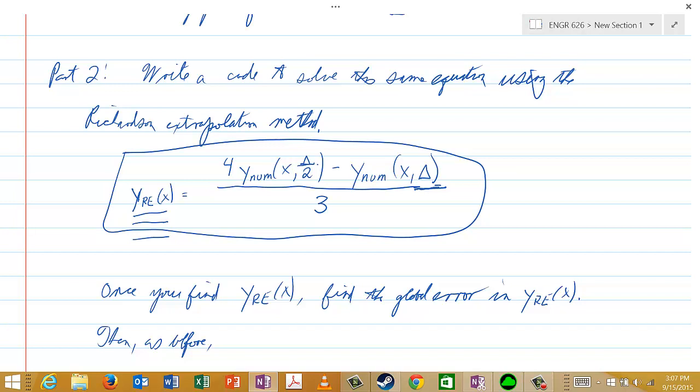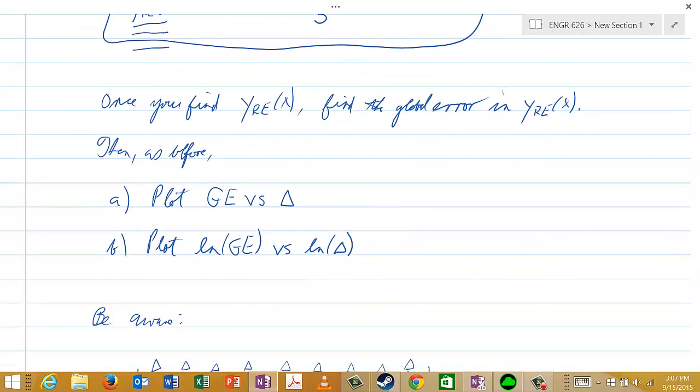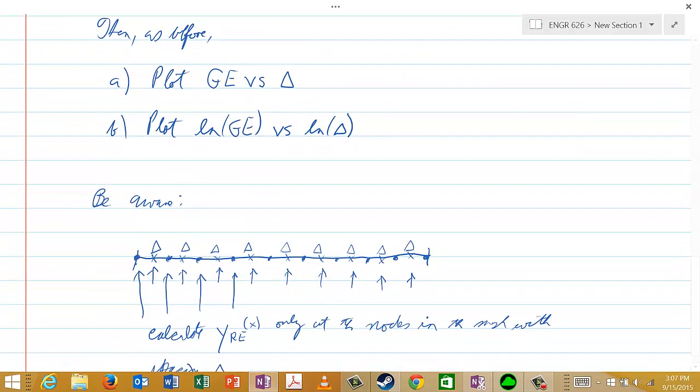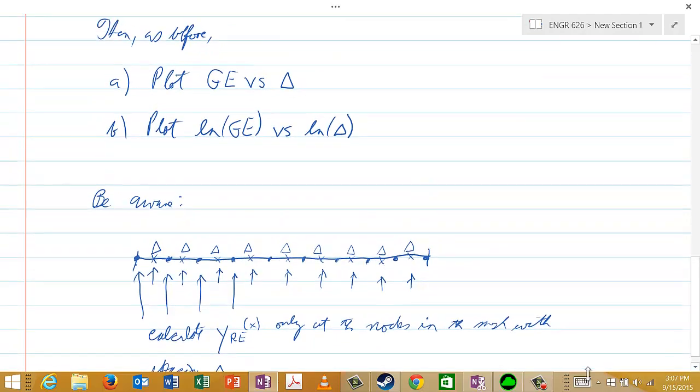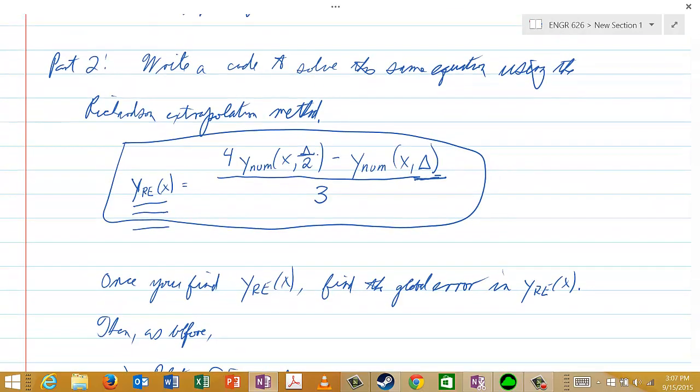Do this enough times through the loop so that you can get a reasonable plot of the global error versus delta, and the log of the global error versus the log of delta. And you should see something quite interesting when you do this.